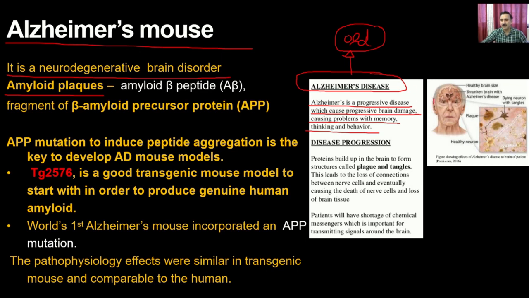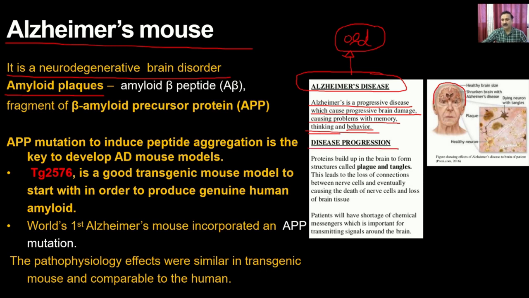This is the size of a normal brain, but in Alzheimer disease, because of these plaque formations, the brain is shrinking. Once the brain is shrinking, the neurons are dying, and because of that the person is losing memory and behavior. Some of the things he could do in his young age he is not able to do, and he is also losing his thinking power.